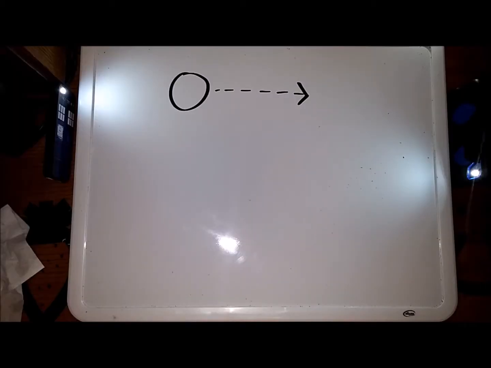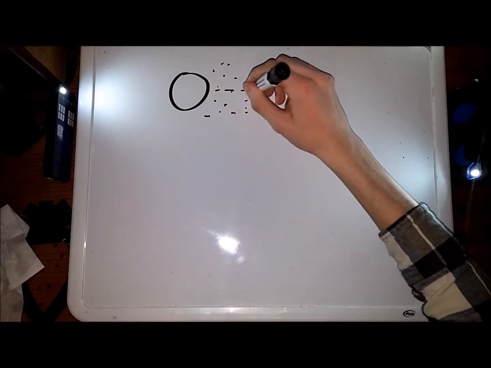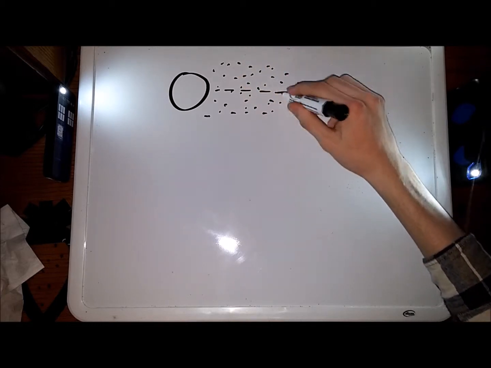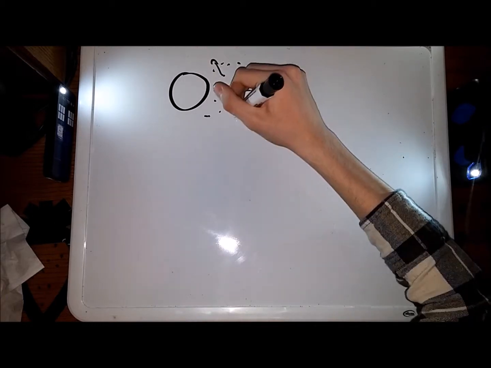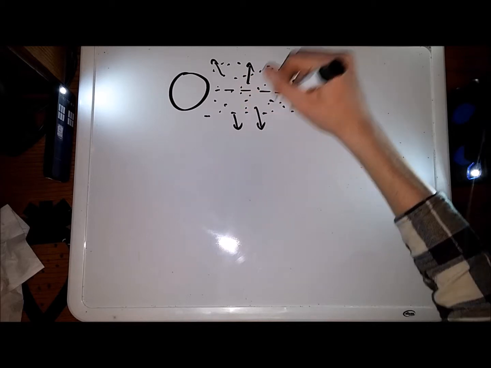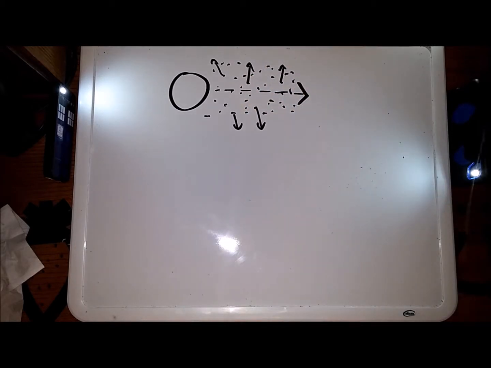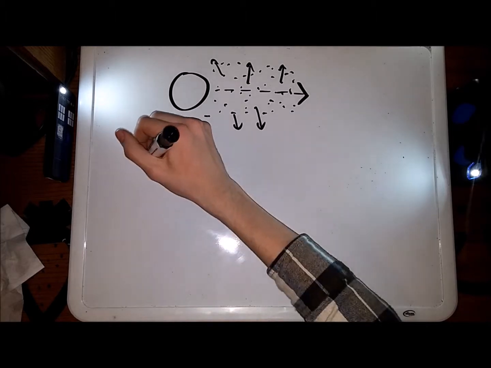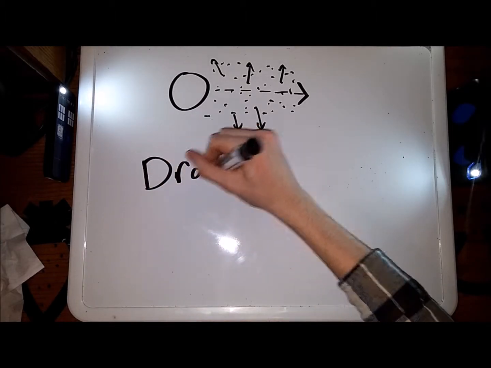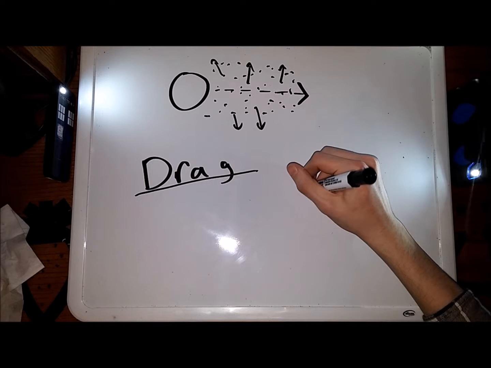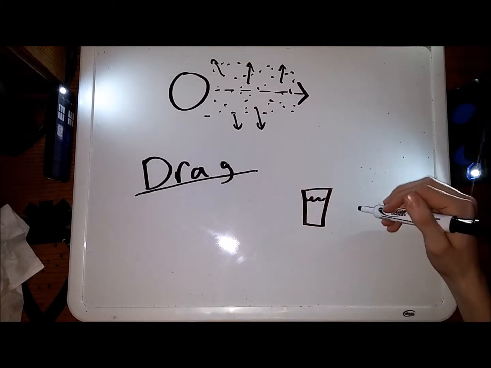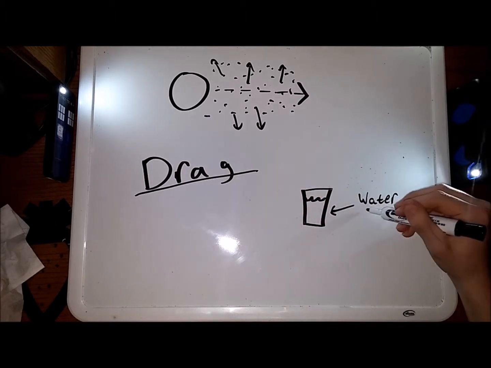However, in the real world, as an object moves through the air, it has to push each individual air molecule out of the way, transferring energy to that medium. This frictional loss as an object moves through a medium is referred to as drag, and it occurs anytime an object is moving through a fluid, defined as a liquid or gas.